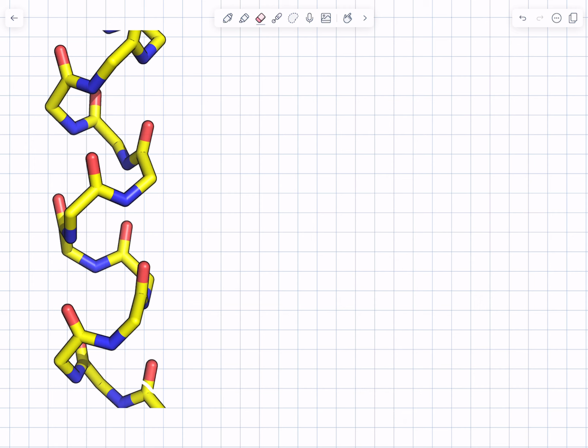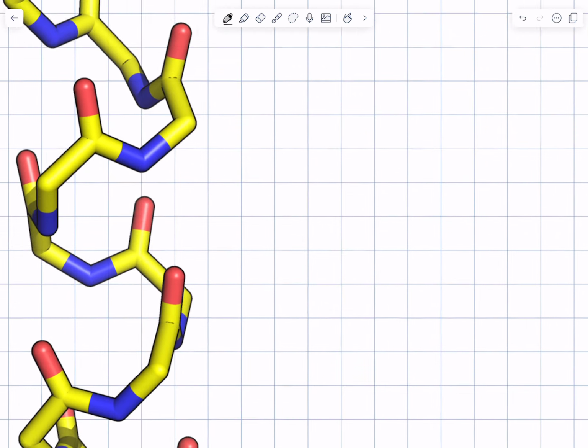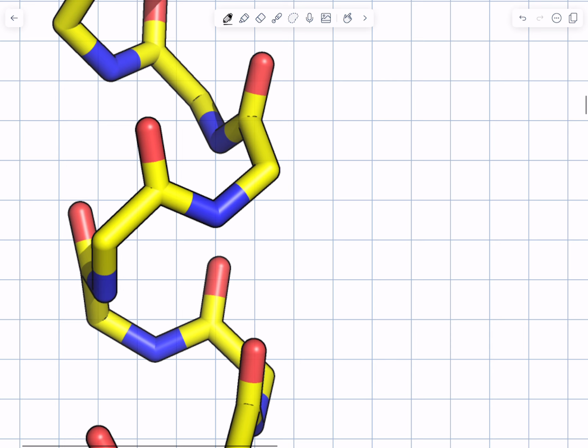And this is just the backbone atoms for a molecule that forms an alpha helix. So in this image, the oxygens are red, the nitrogens are blue, and the carbons are yellow. And you can see, all I'm showing you are the backbone atoms. The side chain atoms are totally omitted. So for example, starting with this nitrogen, here's an N, an alpha carbon, and a carbonyl carbon.